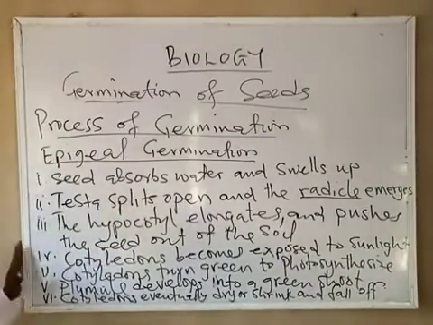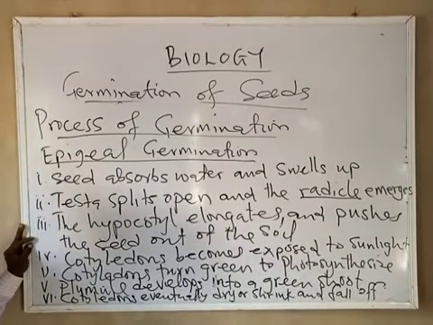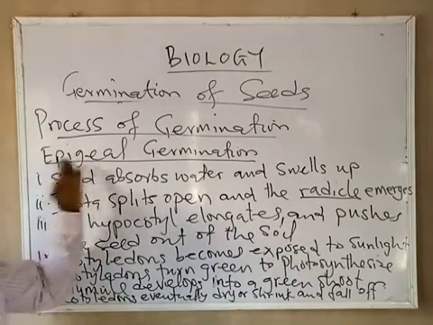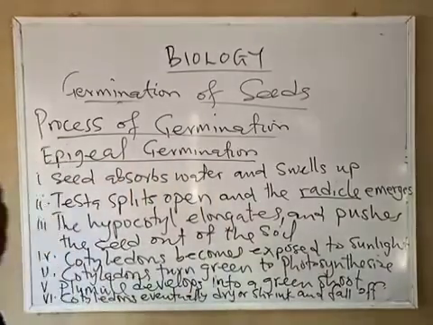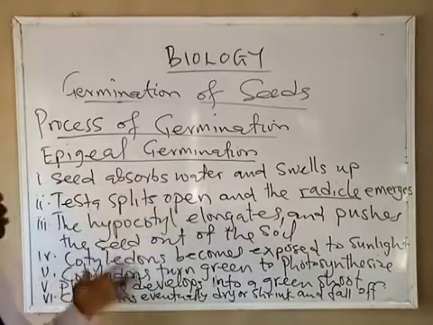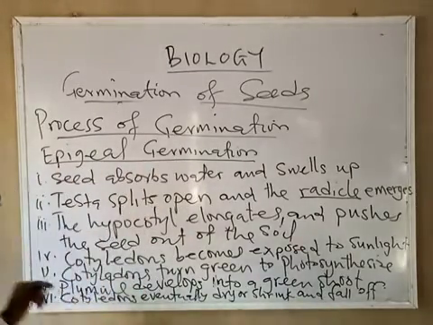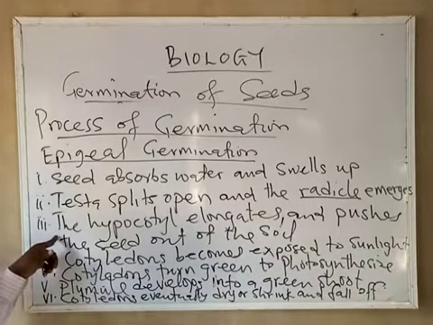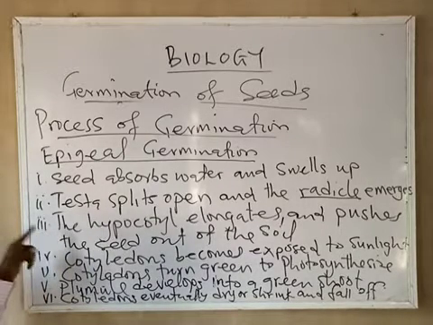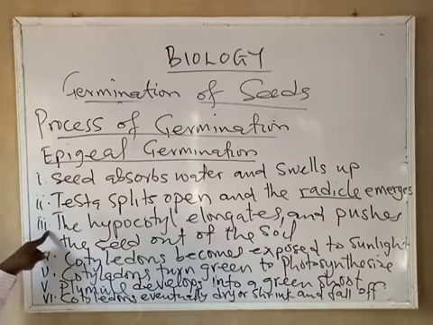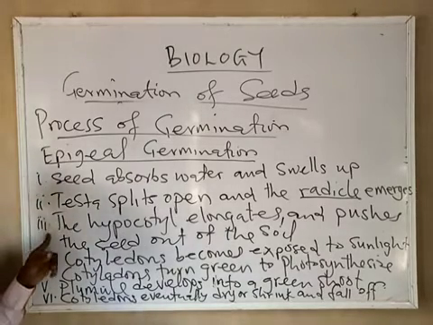So these are the major processes of epigynous germination. Now the difference between epigynous germination and hypogynous germination is in point number 4, particularly, point number 3, particularly.